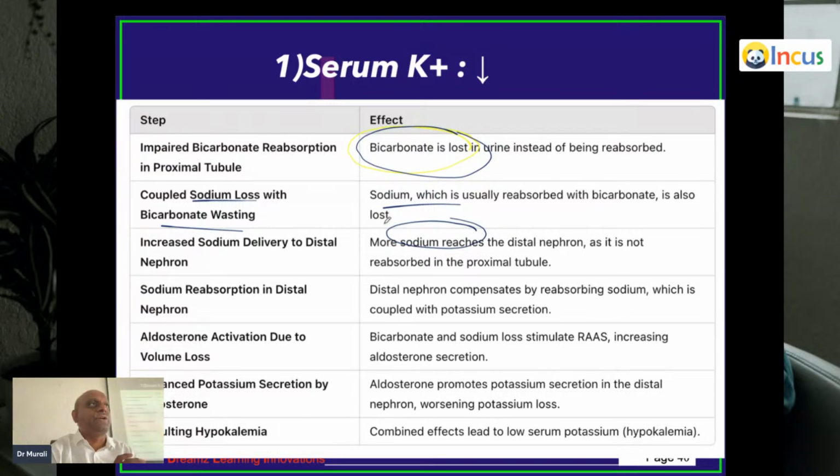It will try to reabsorb the sodium. But to reabsorb the sodium, what is the only mechanism the distal convoluted tubule knows? For one sodium taken in, one potassium is lost. So it will cause potassium to be lost for every sodium ion reabsorbed.